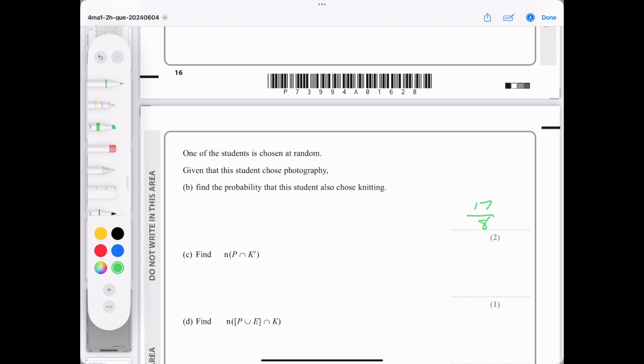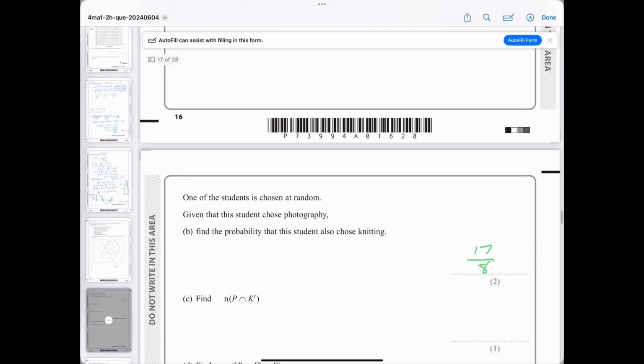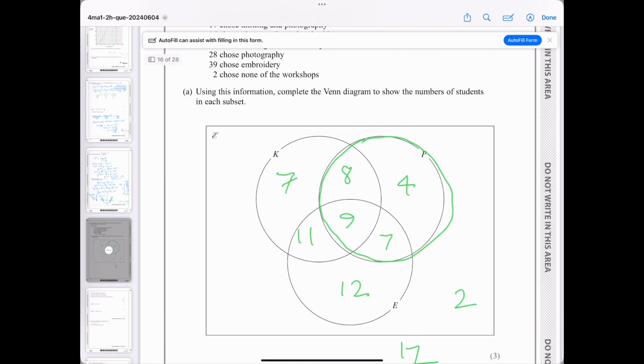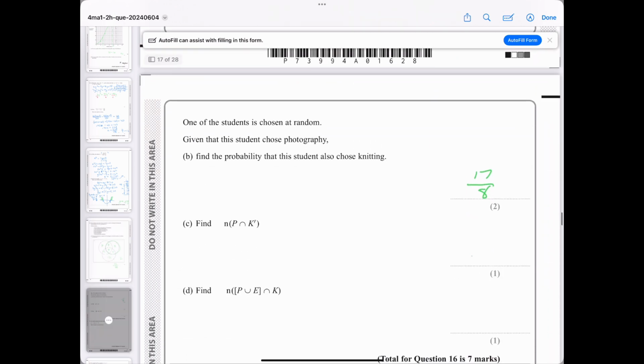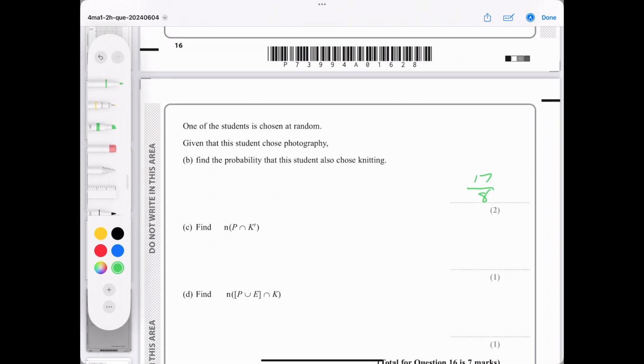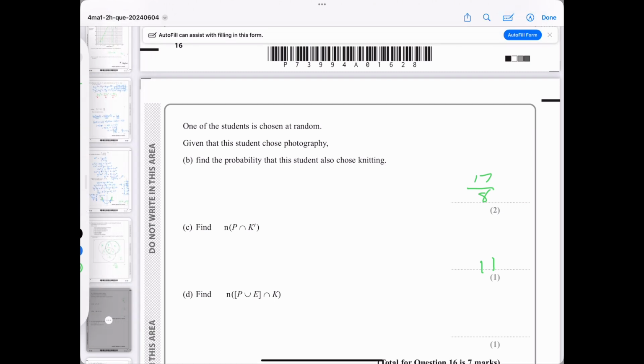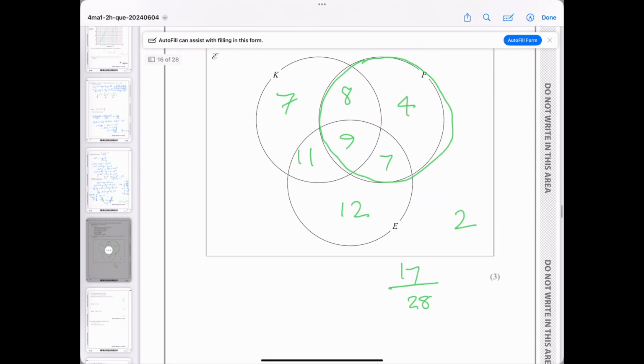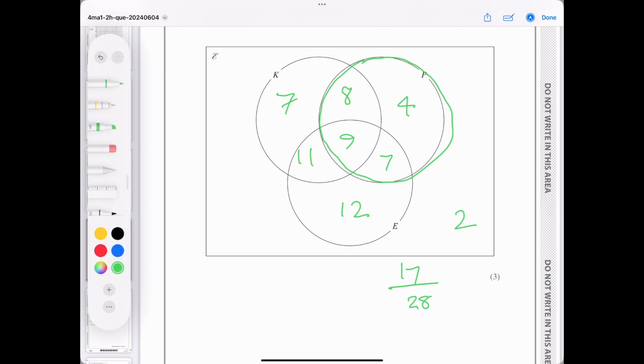What about the number that chose photography but didn't choose knitting? That would be 11. And then finally, the number that chose photography and embroidery, intersected with not knitting, so it's all this.